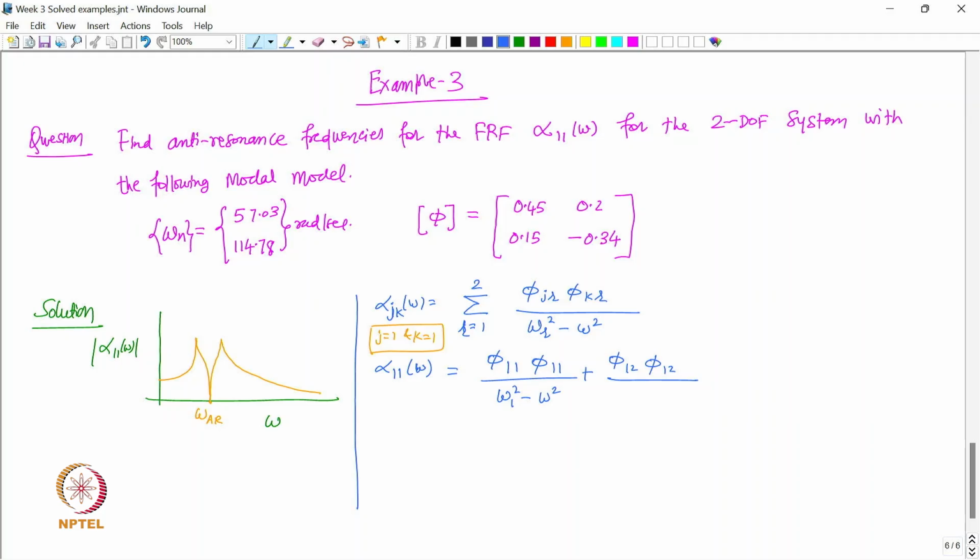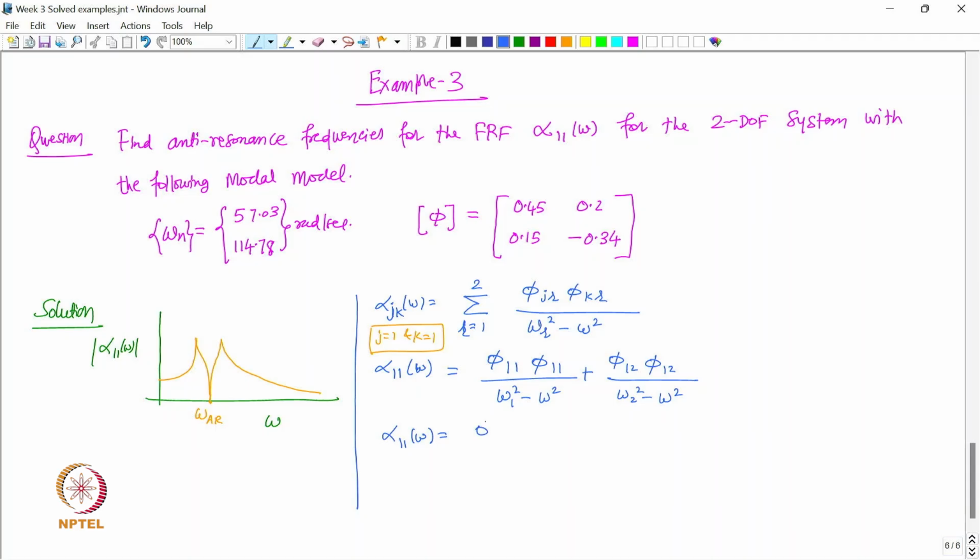So, the first index is always 1, the second index will be 1 in the first sum, 2 in the second sum. So, omega 2 square minus omega square. So, that becomes the expression for alpha 1, and if I take the LCM of this, then what does it become?